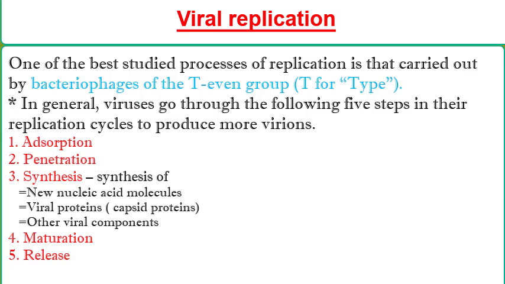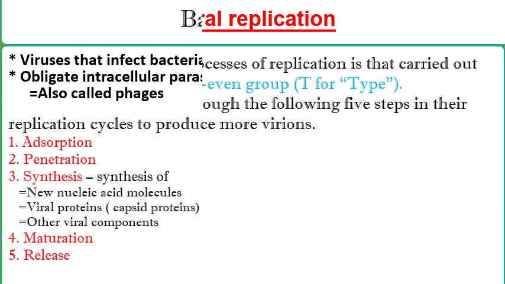That means synthesis of new viral nucleic acid and viral proteins, that might be capsid proteins, and other viral components. The fourth step is maturation. This is the assembly of newly synthesized viral components into new complete virions. The fifth step is release. This is the departure of new virions from the host cells. In this case, the virus may kill the host cells through lysis, but not always.